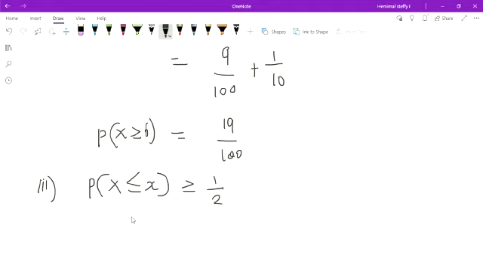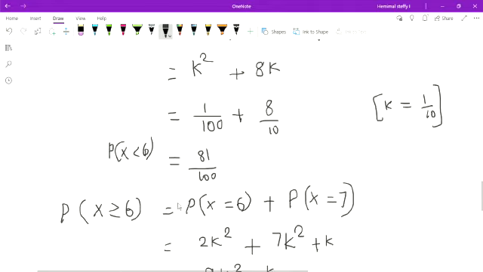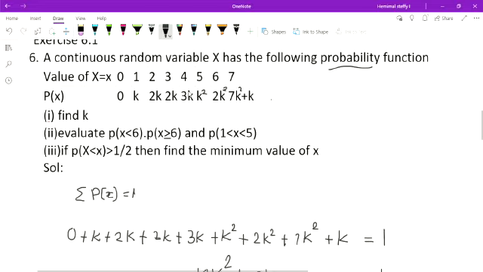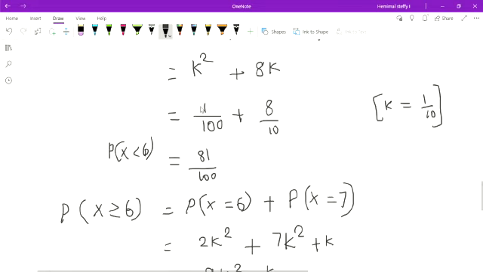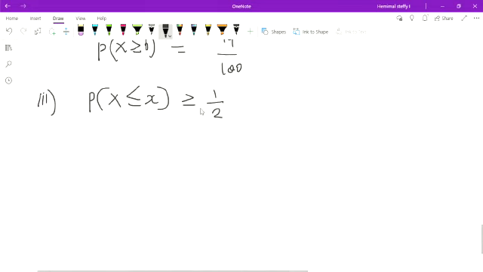So I'm taking only up to 4, listen, because k square gives 1 by 100. 1 by 10 into 1 by 10 is 1 by 100. So 1 by 100 means, taking the decimal number, it is less than 1 by 2.